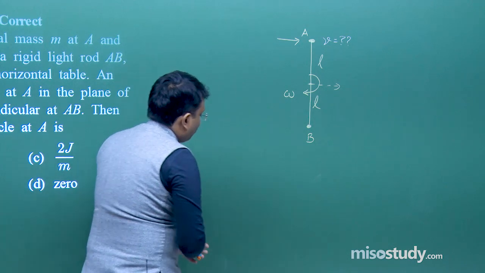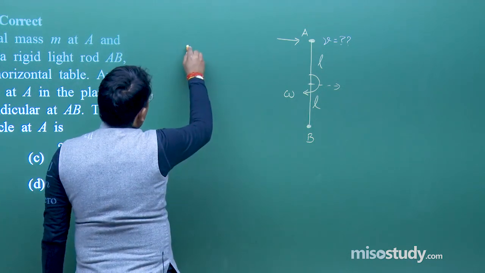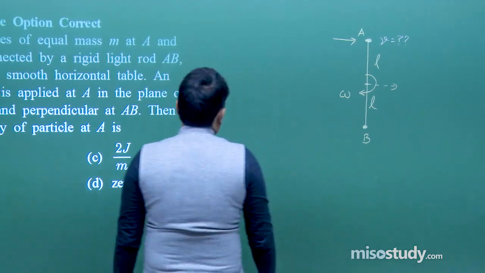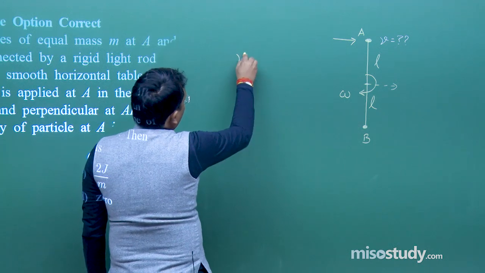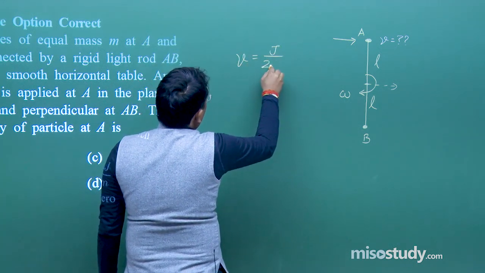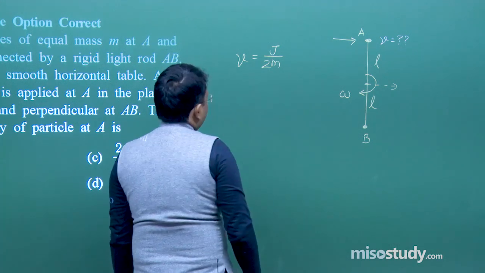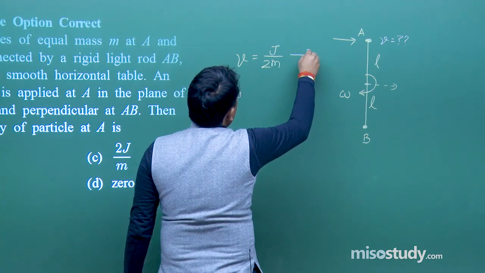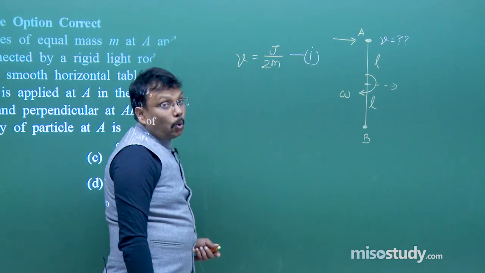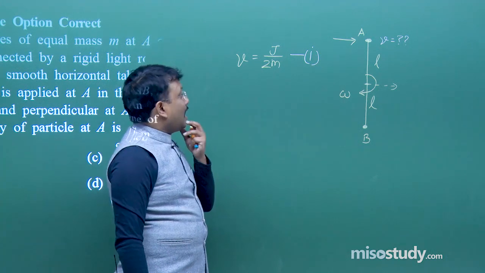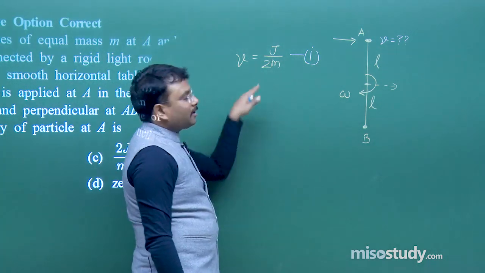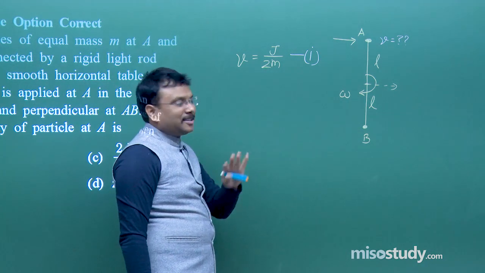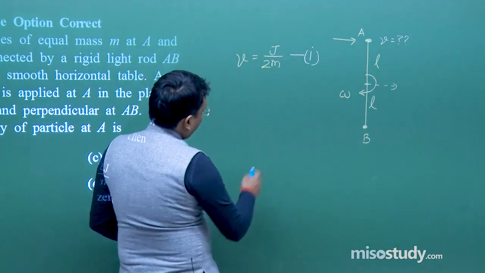So, let us try to put the values. Fine. I am going to write down our formula, but before that please take a look at the problem. Fine. Now, I am writing a formula, that is V is equal to J by 2m, where J is impulse. If any student has any difficulty with this relation number 1, please go through the basics of class 11th of this chapter, but I hope you all are going to be comfortable.